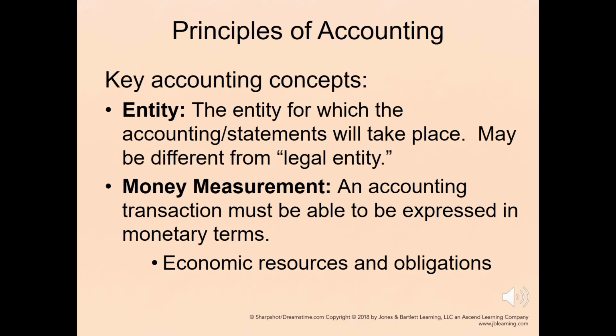Some key accounting concepts are entity, which means the entity for which the accounting statements will take place. It may be different from a legal entity. Money measurement: an accounting transaction must be able to be expressed in monetary terms. Defines economic resources and obligations.